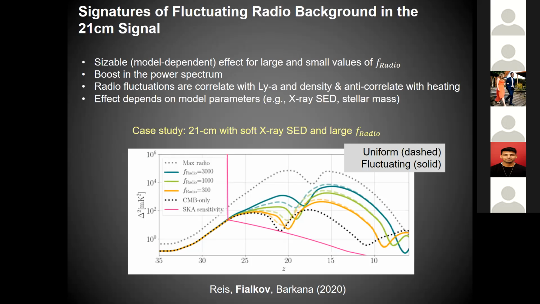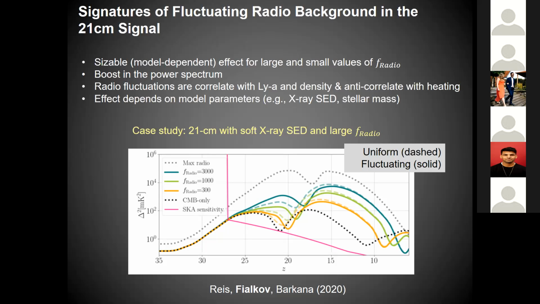So of course, the main effect, as I mentioned, was just to boost this contrast, and therefore it's strong both in uniform and non-uniform cases. But there is also a signature of this non-homogeneity in radio background, because we see a difference between dashed and solid curves, which is quite strong, especially at the redshifts between 25 and 15.